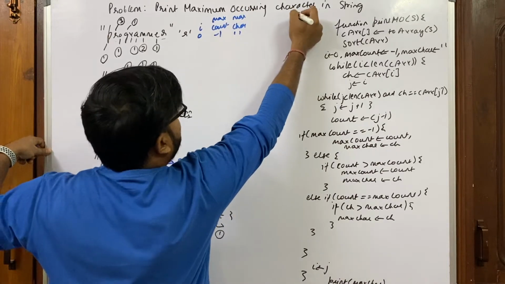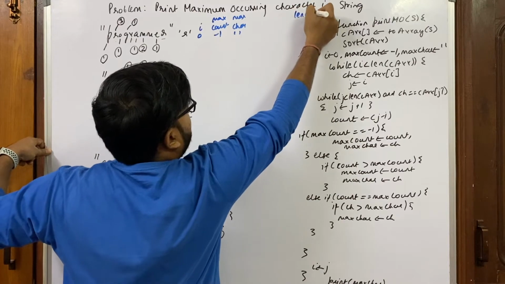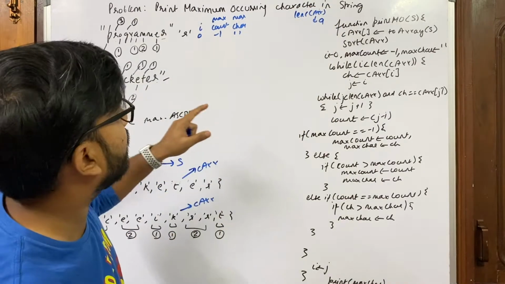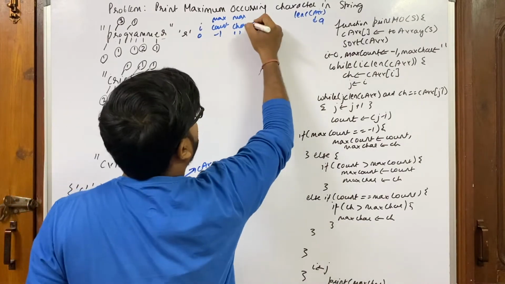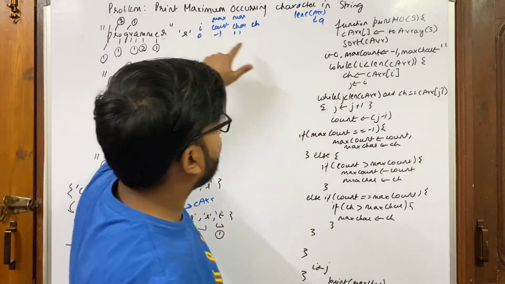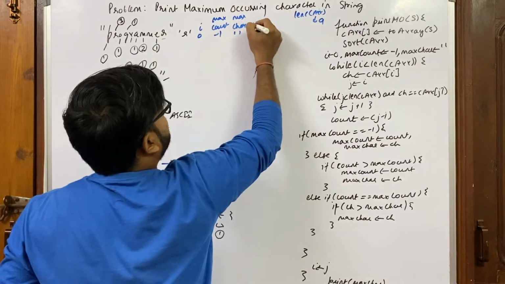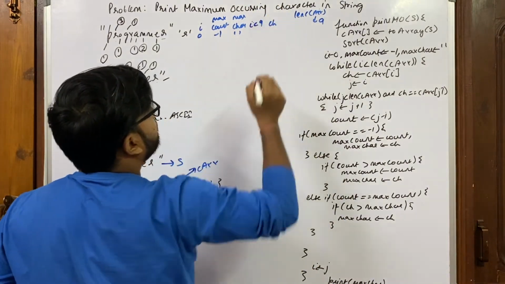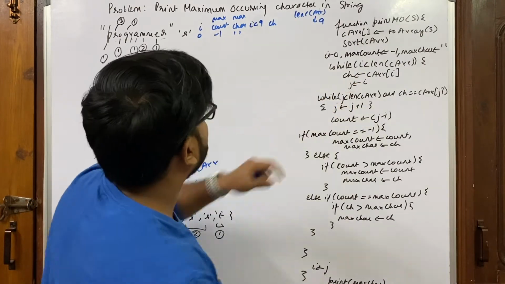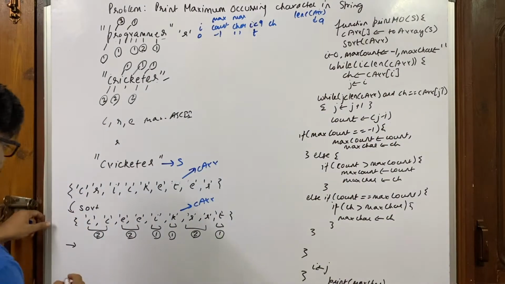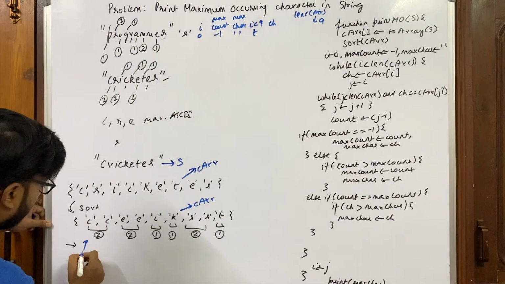Then I have len of CARR, which is basically 9 in this case, and then I have ch. So I start with I equal to 0. Is I less than 9? True. Then ch is CARR of I, so I is here right now.